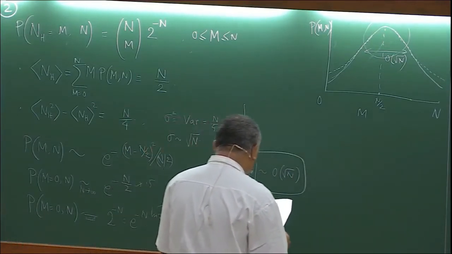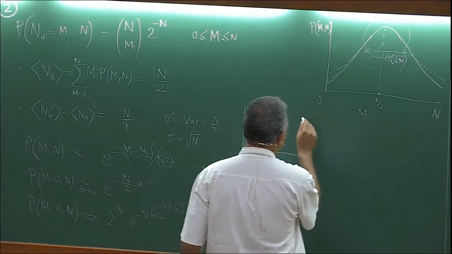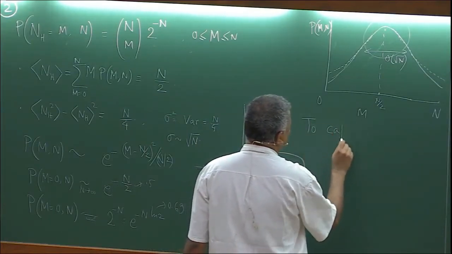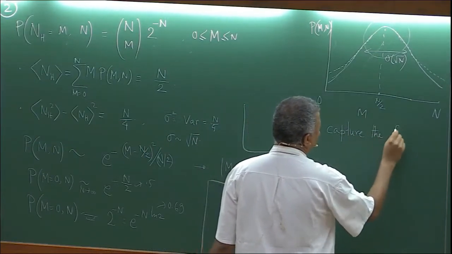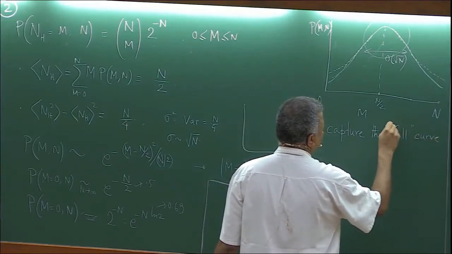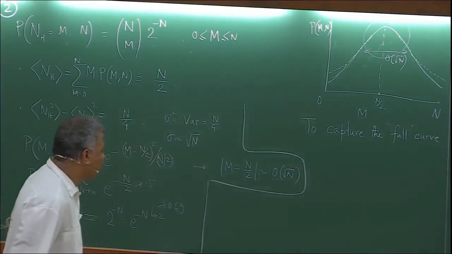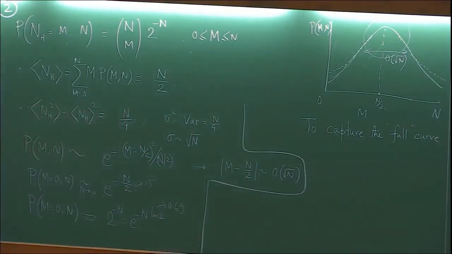So to capture the tails, the central part as well as the tails, the full curve, if you like, what you can do is this. In this case I know exactly what the probability is.